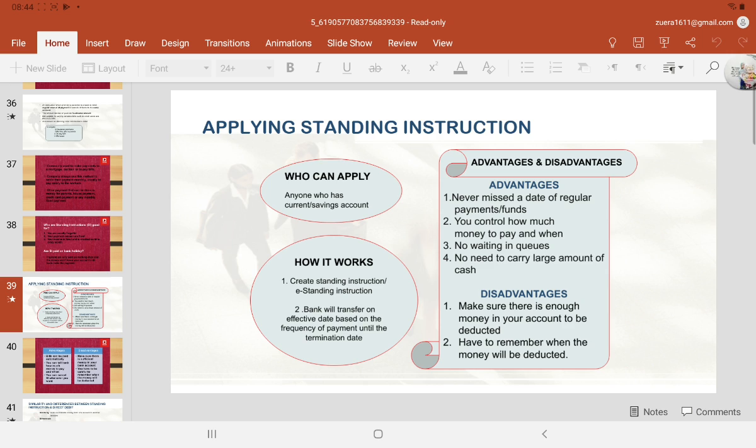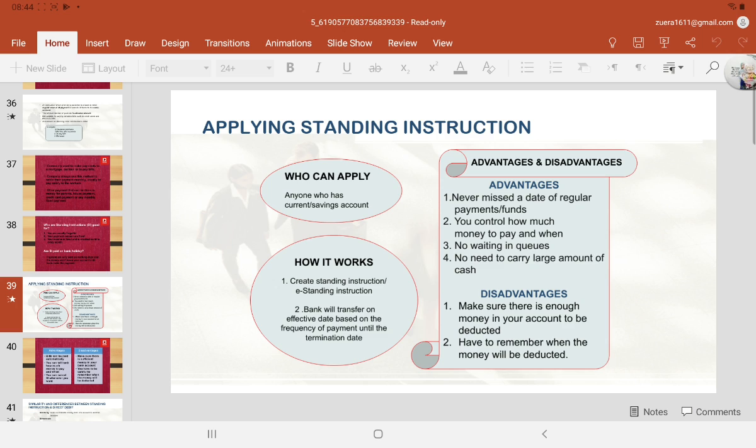Then the bank will transfer on the effective date based on the frequency of payment until the termination date. So let's say you stated the date of payment from January 2020 until December 2020, the bank will transfer based on the effective date and until the termination date.